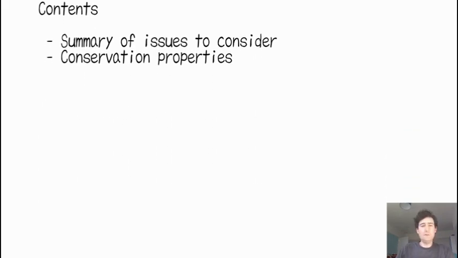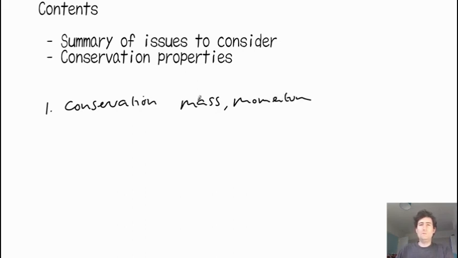So some of the issues you need to consider when you're designing numerical methods are first conservation. And so this is things like conservation of mass, momentum and energy. Strangely, mass and energy are probably easiest to conserve.